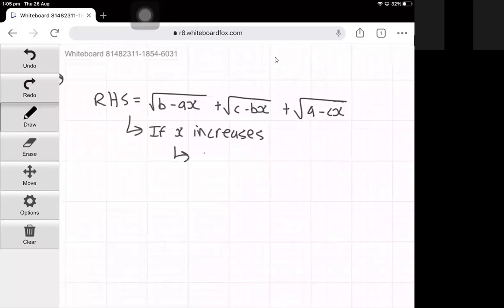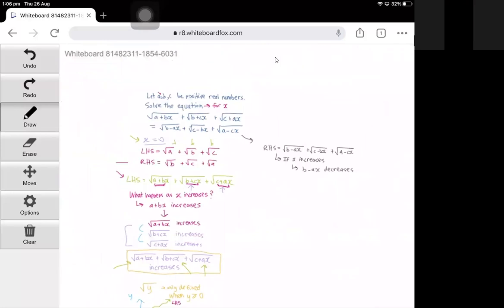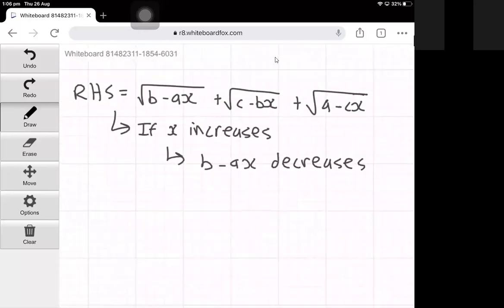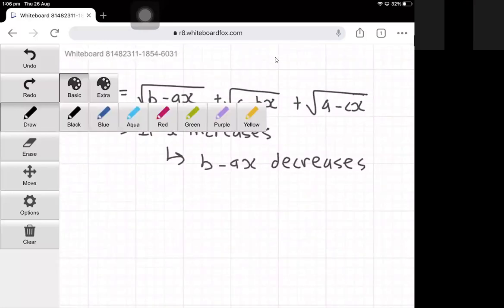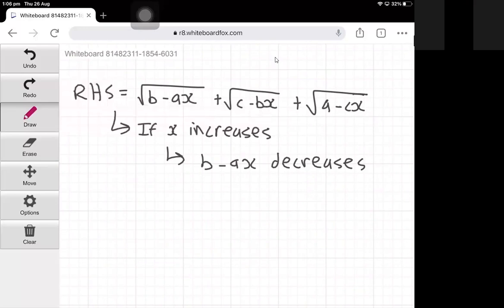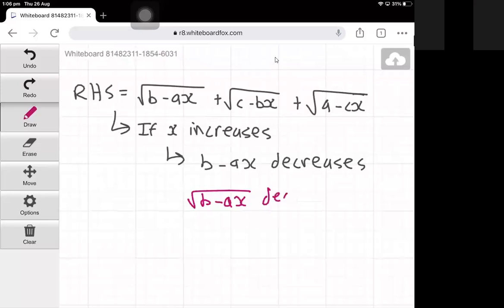And it's because b minus ax now decreases, because now there's a minus sign in front of the a. The b minus ax decreases, and also recall a and b are positive, so that's the reason b minus ax decreases. And because b minus ax decreases, it means that the square root of b minus ax decreases.